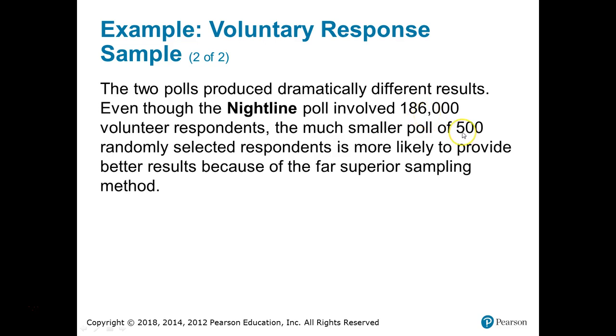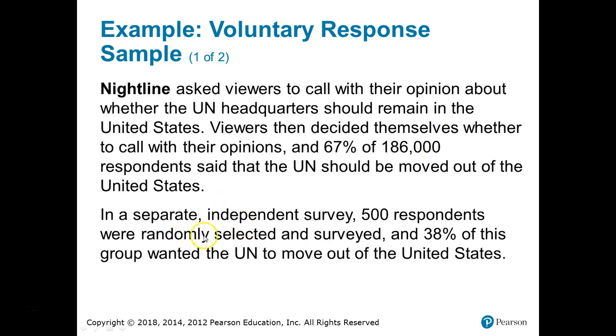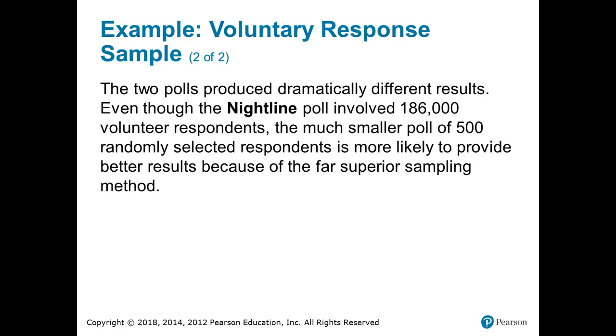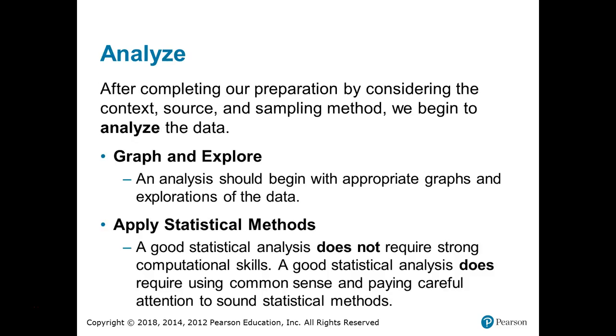Whereas this group right here, the smaller group of 500, they were randomly selected. And that's what we really want. The randomly selected respondents is more likely to provide better results since it's a better sampling method. Randomly selected means that I'm not cherry picking people, or I'm not setting up a way for people with stronger opinions to be more likely to respond, etc. I'm getting a more true data sample.